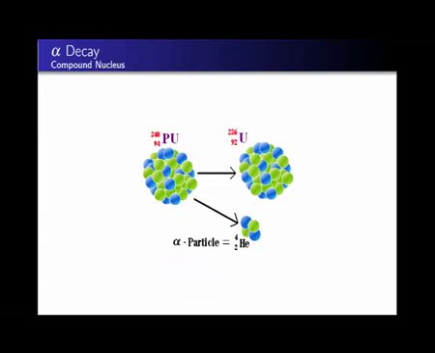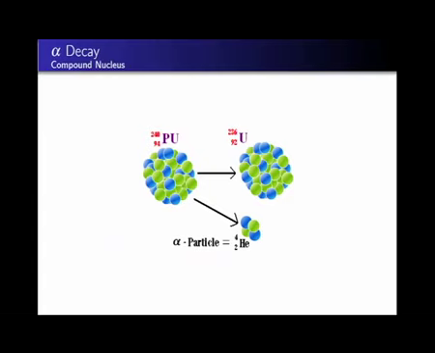So let me write down explicitly, because that will be an example for us throughout, because I am not going to work these problems anymore. So what we have is plutonium 240, 94, goes into uranium 236, 92, plus helium 4, 2.